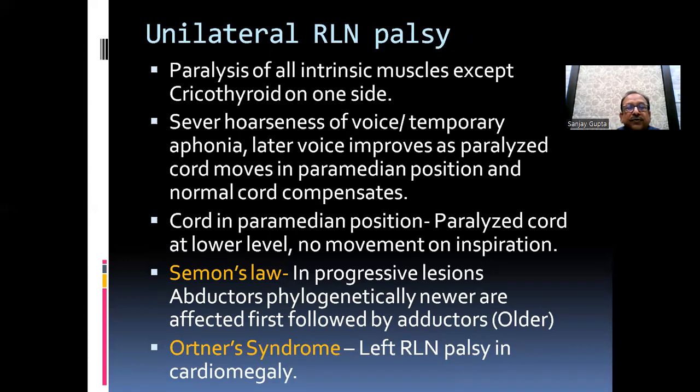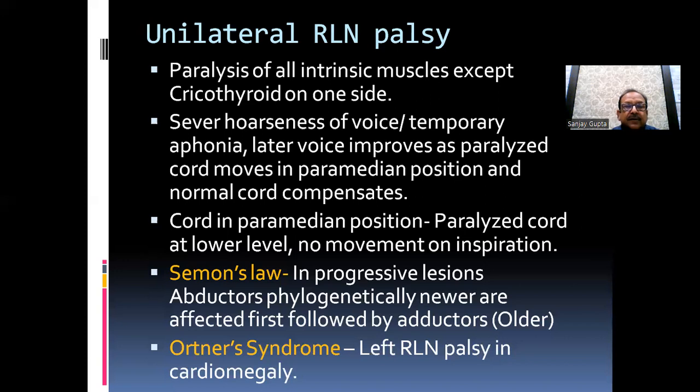Later, voice improves as the paralyzed vocal cord moves to a paramedian position, and the normal vocal cord compensates. It crosses the midline and tries to close the glottic chink. The cord will be in a paramedian position, and the paralyzed cord will be at a lower level, and on inspiration there will be no movement of the paralyzed side of the vocal cord.